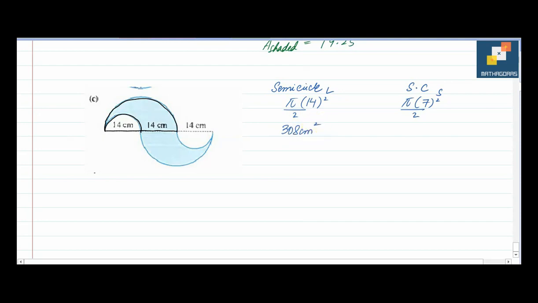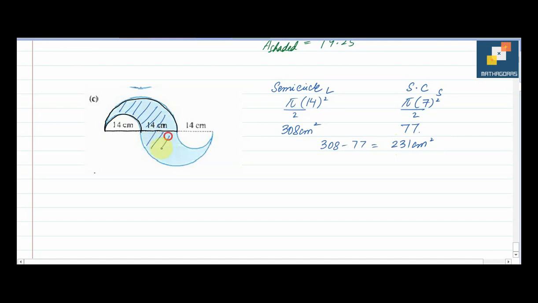On the right side is 7 square, 49, multiplied by pi and divided by 2, so it's 77, right? So if you subtract 77 from 308, it will be 231, right? Now that means that 231 is basically the area of this part.